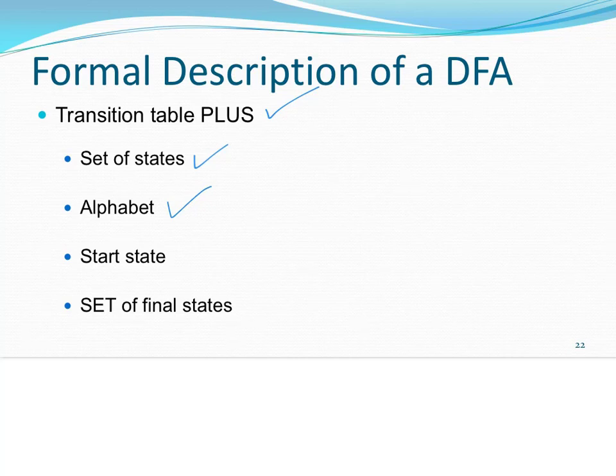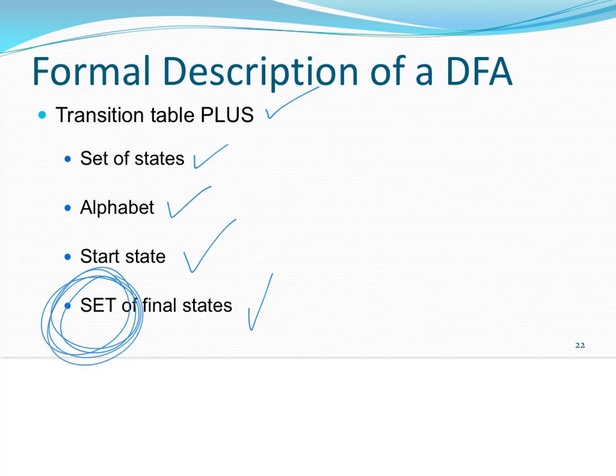What I do have to tell you is my start state, and I have to tell you my final states. And notice that my final states have to be represented as a set. Here's where we get nitpicky again, right? It's not just one final state. It might be 0. It might be as many as all my states. And similarly, the states are a set. Okay, so let's see how we formally write that out.